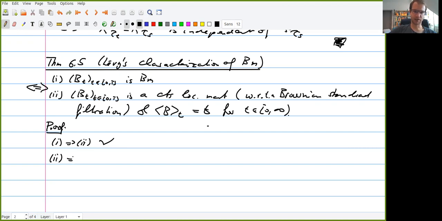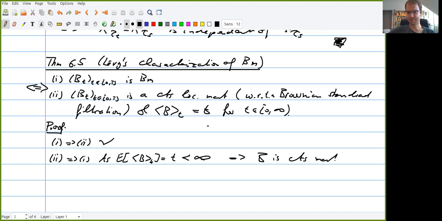So this is the interesting direction. First thing we note is, since our quadratic variation is equal to t, so it's in particular finite, this implies the integrability of B, so this is actually a continuous martingale.